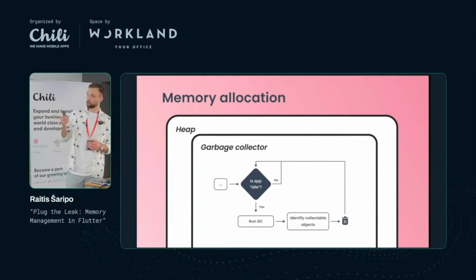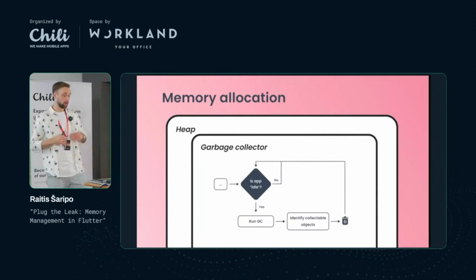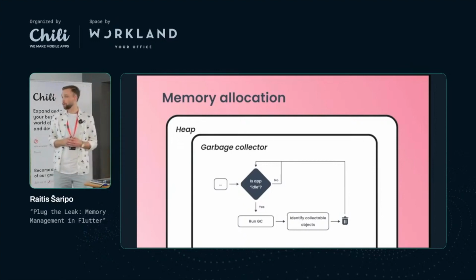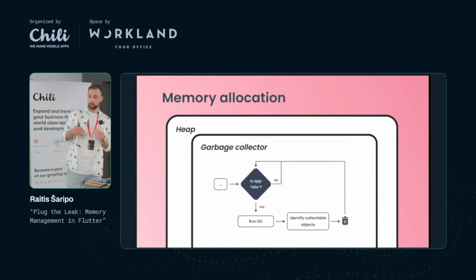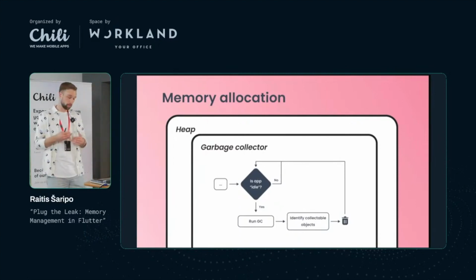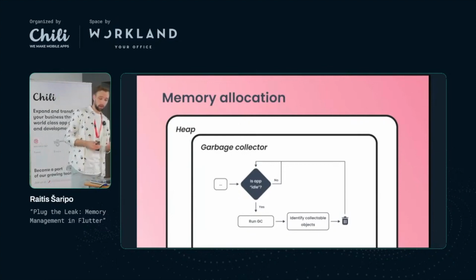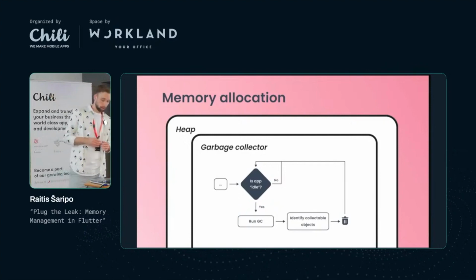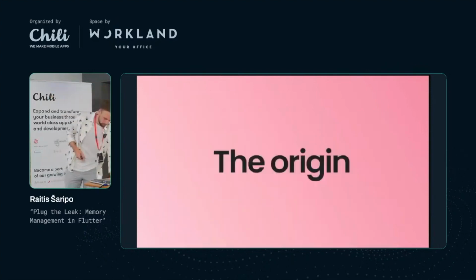The memory of the heap is also managed by the Dart virtual machine, which means that it's allocated on creation when the app is loaded, and released when it's no longer of use.